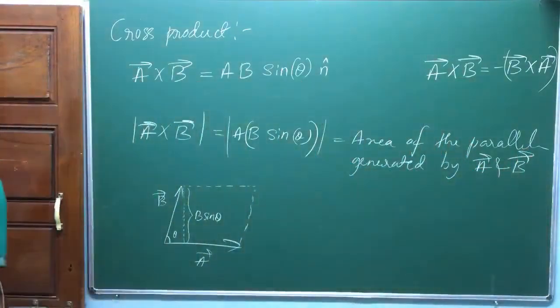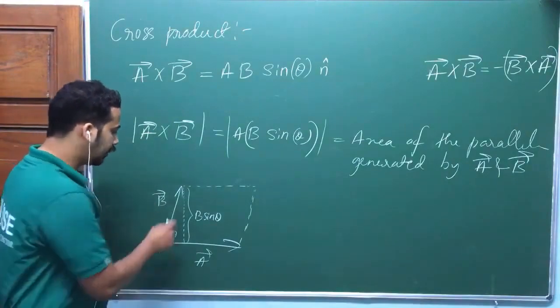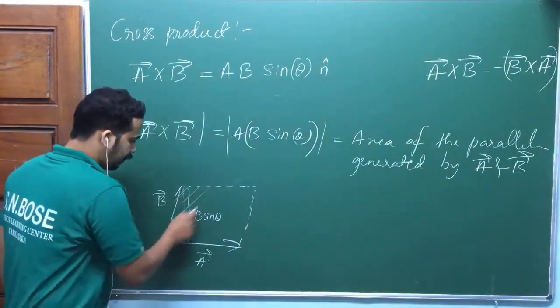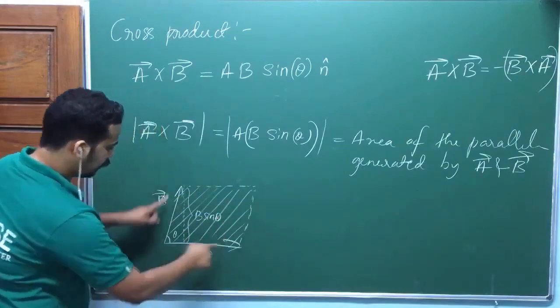Magnitude of A cross B has one geometrical significance. Geometrically, magnitude of A cross B is the area of the parallelogram generated by A and B.